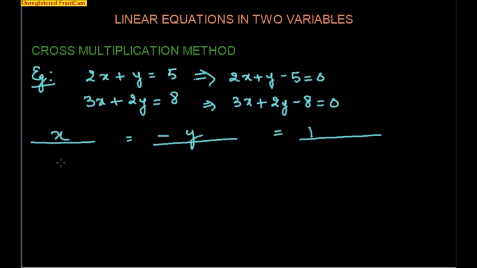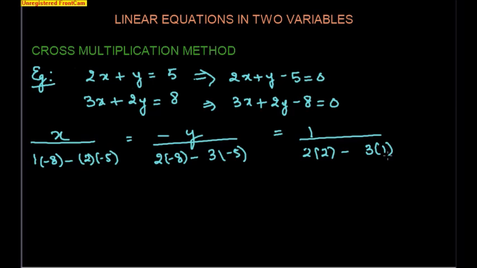Now for the coefficients of x, I multiply 1 into minus 8 minus of 2 into minus 5. For below y, I multiply the coefficient of x into the constant minus the other coefficient of x into the other constant. And for below 1, I multiply 2 into 2 minus 3 into 1.